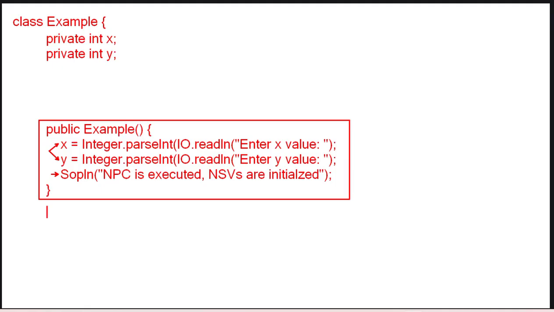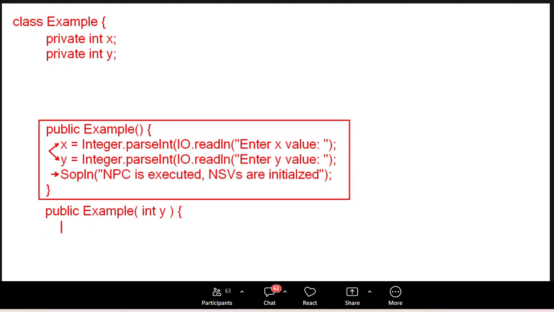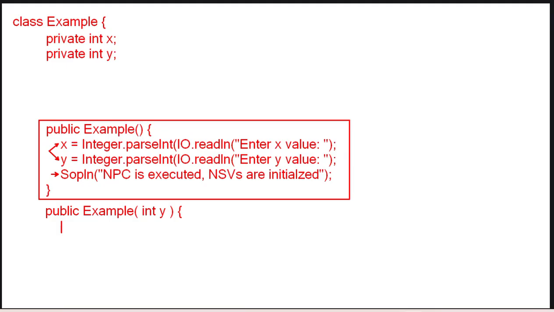Now I'm writing another constructor, Example with int y. By seeing this constructor, what did you understand? This constructor is created for initializing only the y variable, not x.